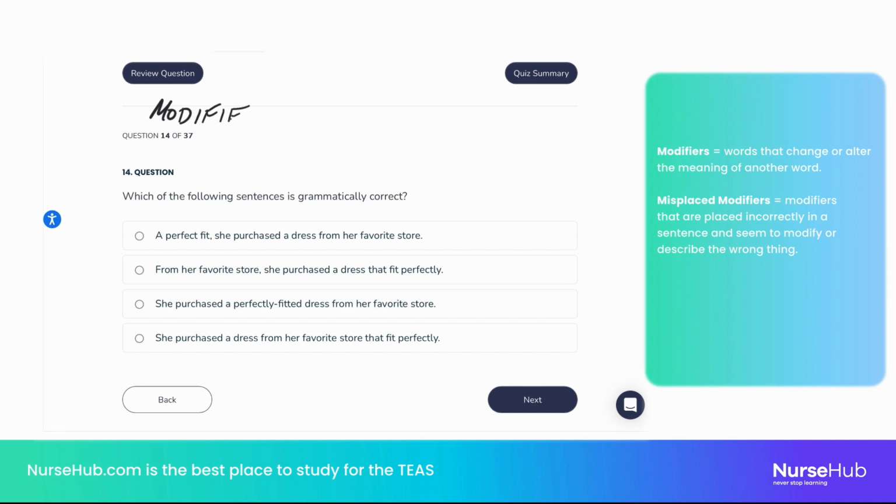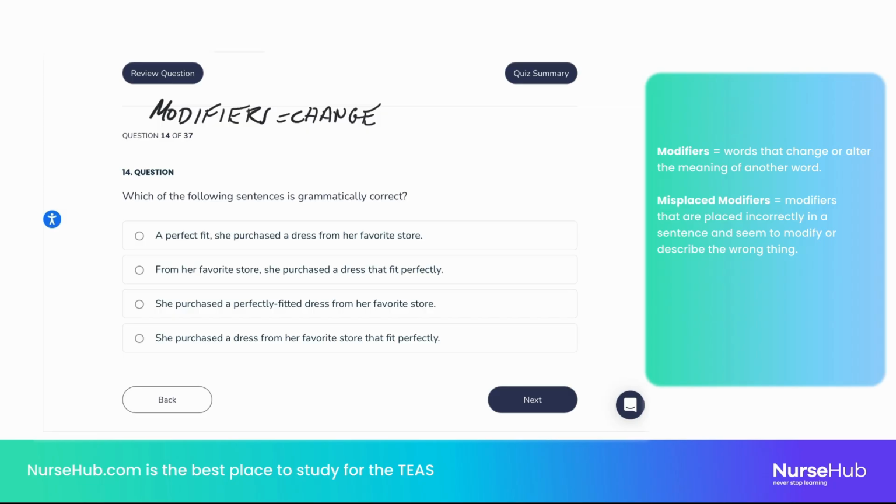Now, what are modifiers? Modifiers are something that modify or change or alter a noun, right? So instead of a dress, it is now a perfectly fitted dress.